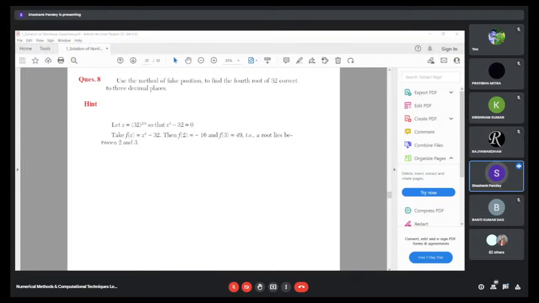So now we will again use the equation of a straight line. Any one of you got the answer?